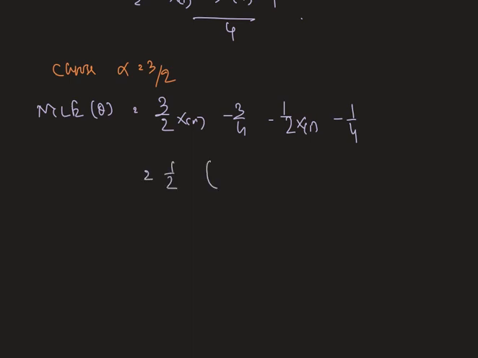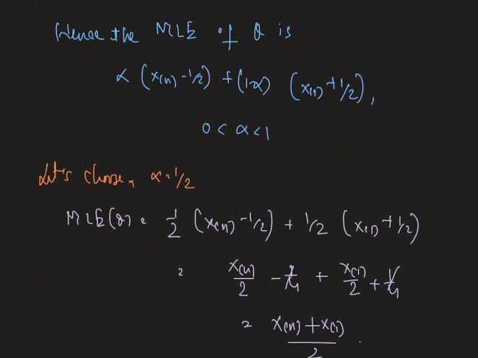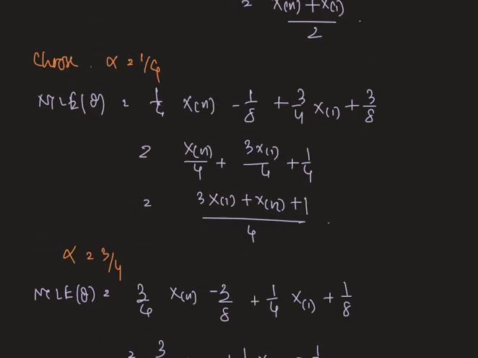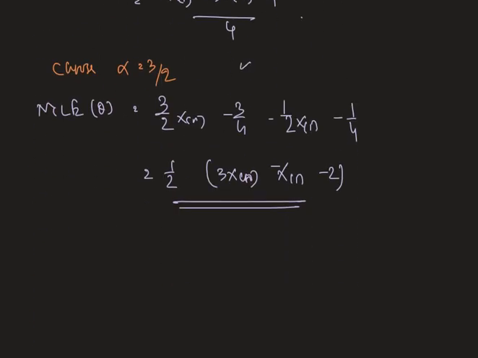Hence half into 3 x order n minus x order 1 minus 2. As we can see, this reduces to the MLE of theta if we choose alpha equal to 3/2, but the condition is alpha must be a fraction, that means in between 0 to 1, but here alpha is greater than 1, so this is not our MLE.